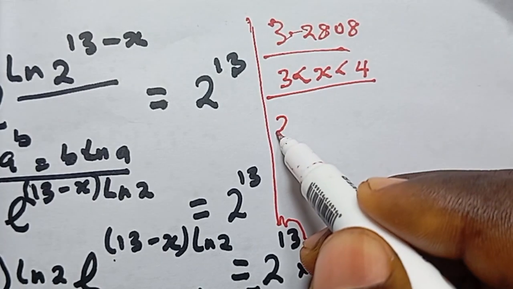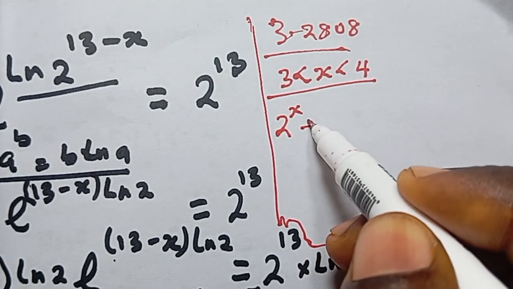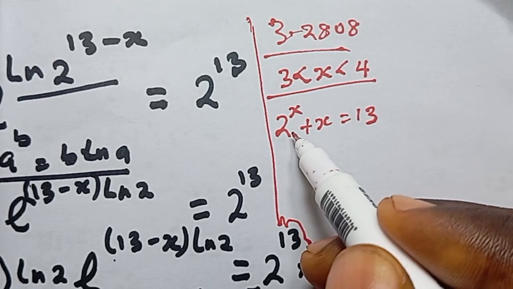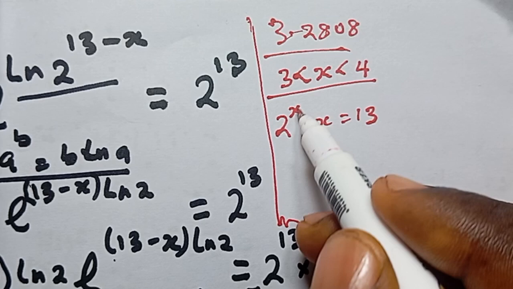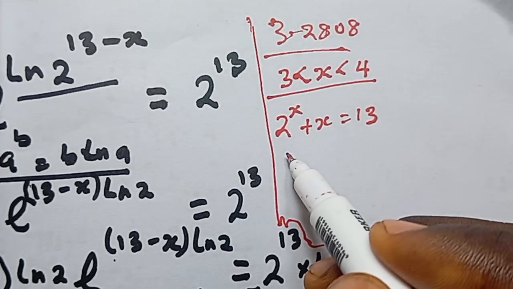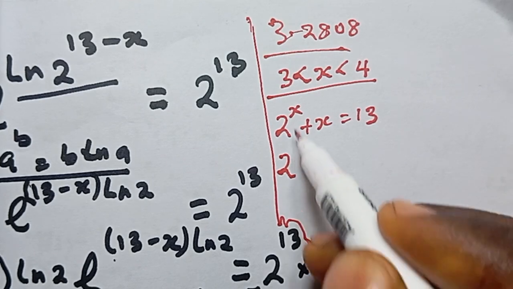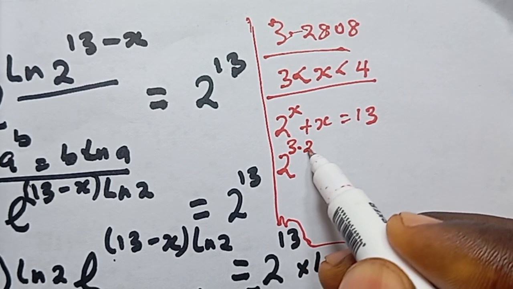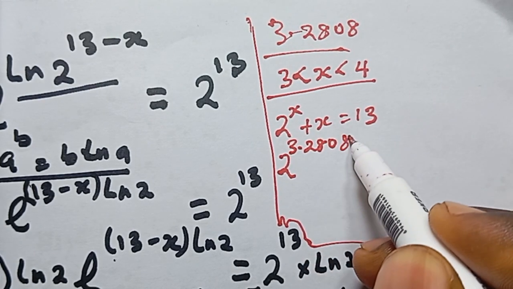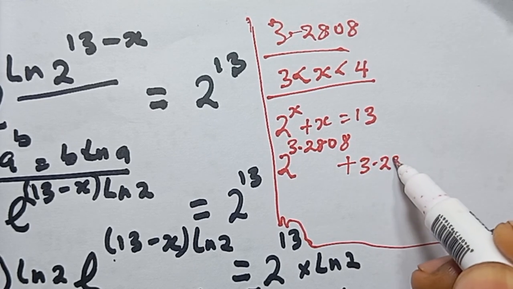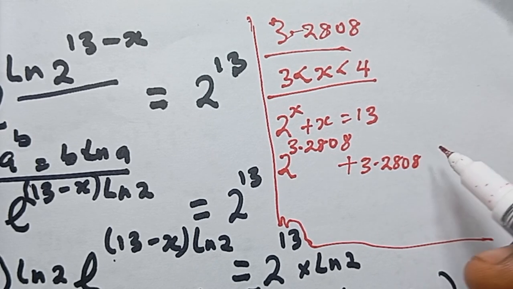Moving further to check whether it will satisfy this equation, we can go ahead and replace x with 3.2808. So what we're going to have is 2 power 3.2808 and then plus 3.2808.